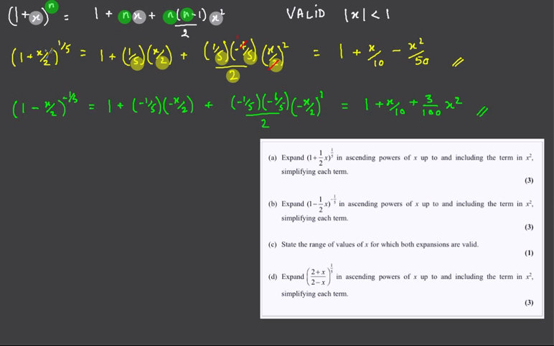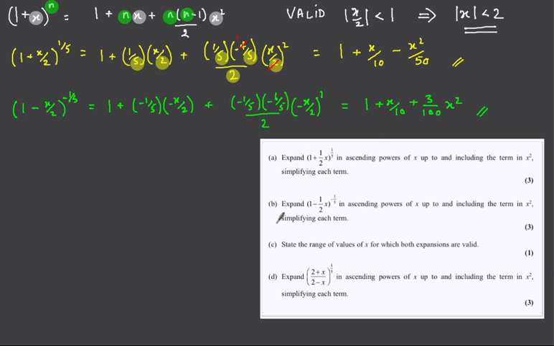Now in both these cases we had positive and negative x over 2 taking the powers. So the validity for the expansions that we've created are what takes the powers, mod x over 2. That's got to be less than 1. In other words, modulus of x less than 2. That's the validity for these.